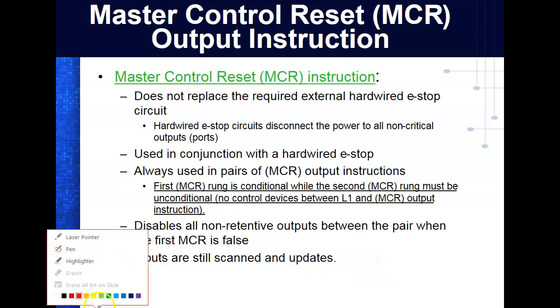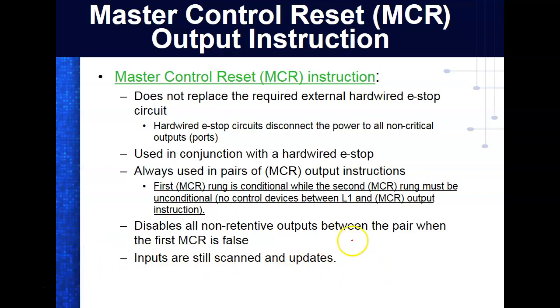You did one basic lab. Some of y'all got to it, some of y'all didn't. We have two coils: what we call a latch, and then an unlatch. These guys have exactly the same address, guys.